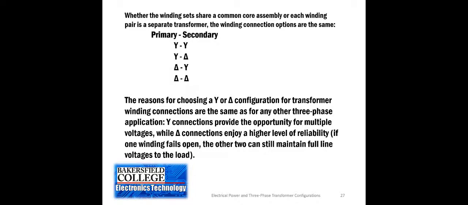Because there are two configurations, the Y and the delta, if you take 2 squared, that's four combinations possible. And by using a different type of configuration in the primary than we do in the secondary, we can get a wider range of voltages from the transformer.